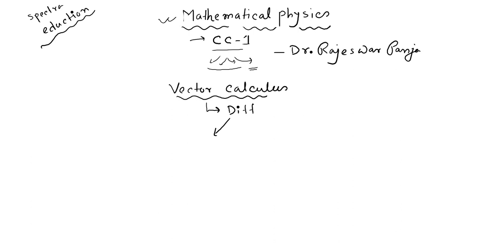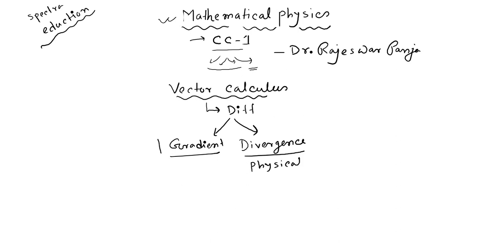We have already discussed the concept of gradient and the steps to solve problems regarding gradients, and in the last video lecture we discussed the divergence of a vector field, its physical meaning, its mathematical definition and its mathematical symbol.